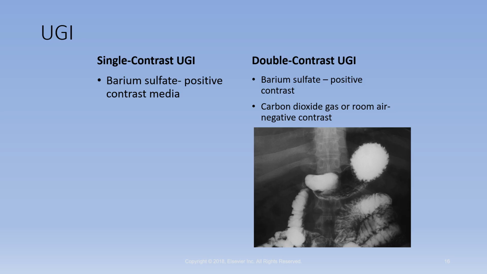The radiologist would hand them to the patient and tell them to throw them to the back of their mouth and then swallow some barium, and then those crystals start to break down almost like a Pop Rock, and it causes air in the esophagus and in the stomach so that it acts like a double contrast study. So with a double contrast study, you have one positive contrast media and one negative contrast media.